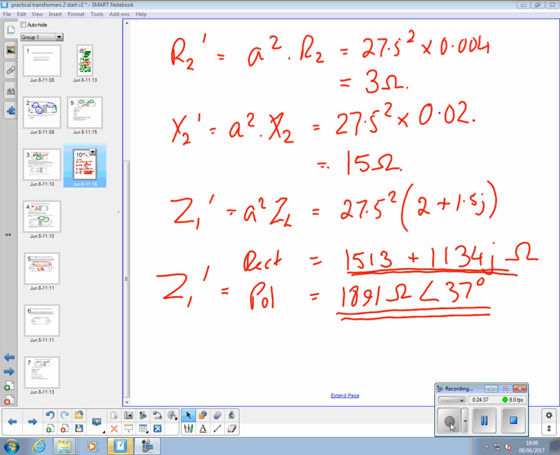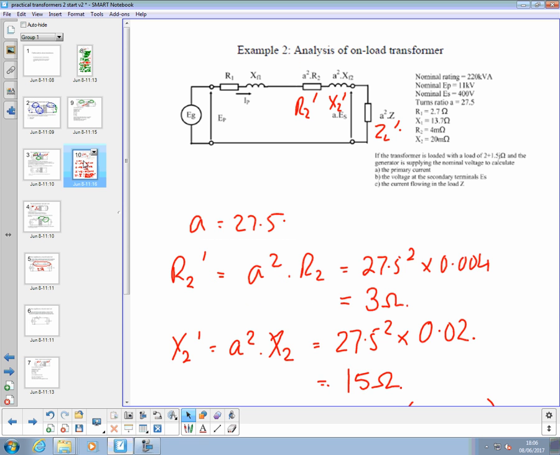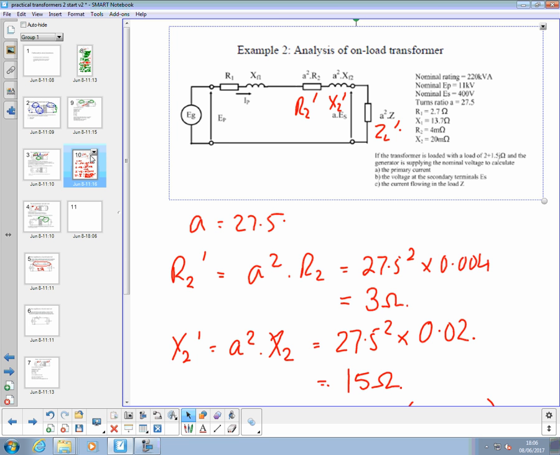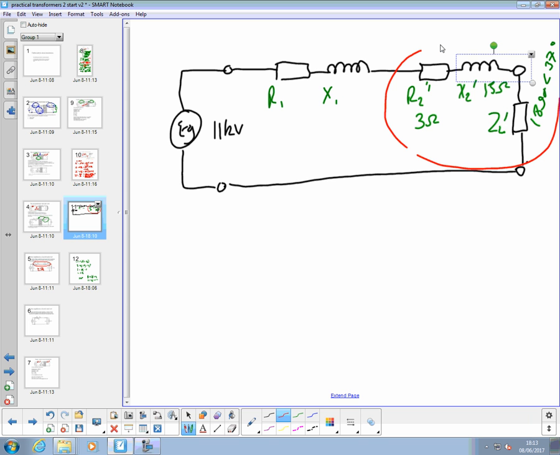Okay. So what we've got now is, oh, I've gone back to that again. No, that's for analysis. We've transferred secondary components here over to the primary side and got rid of our ideal transformer.